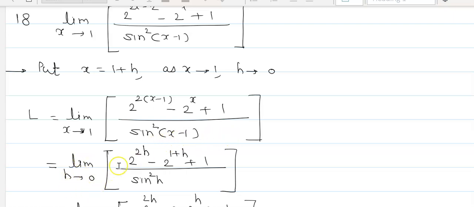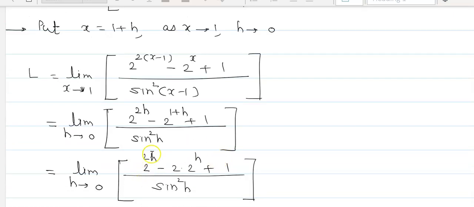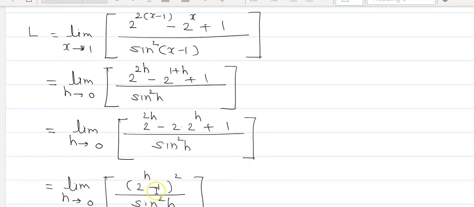That is limit h tends to 0, where the value of x minus 1 is h, 2 raised to 2h minus 2 raised to 1 plus h plus 1. And again it is written as 2 raised to 2h minus 2 into 2 raised to h plus 1. Now this is the perfect square of (2 raised to h minus 1), that is, (2 raised to h minus 1) whole square upon sin square h.